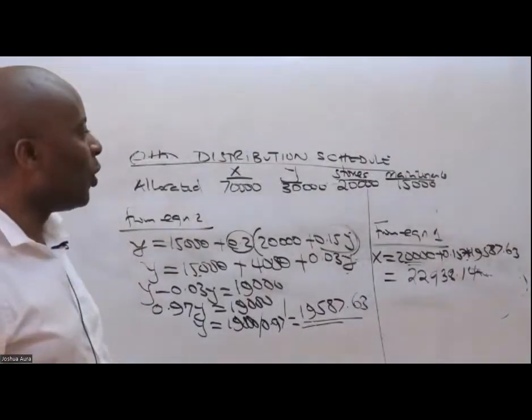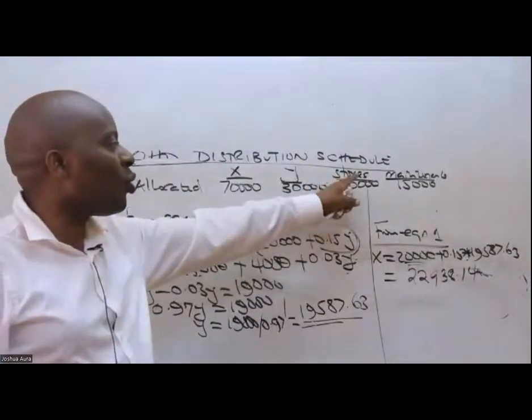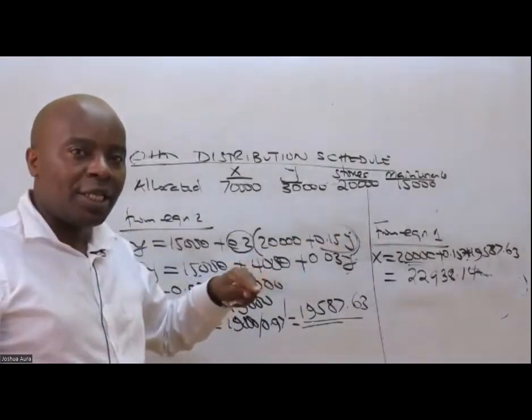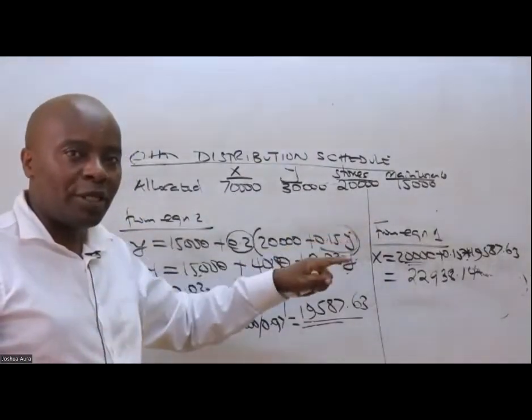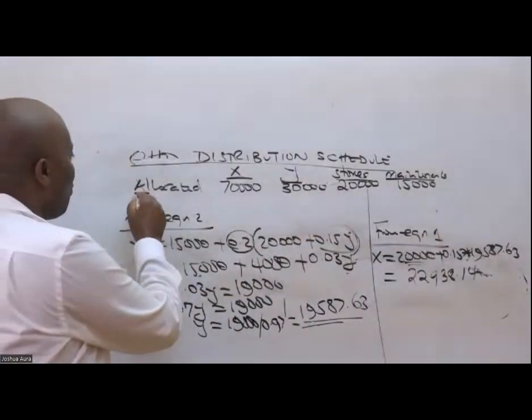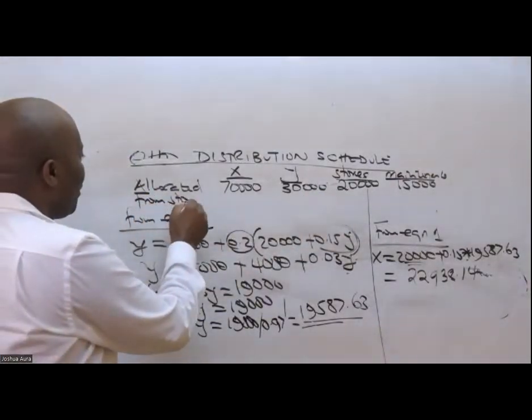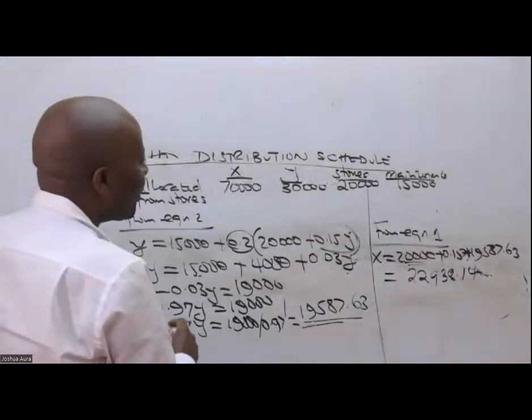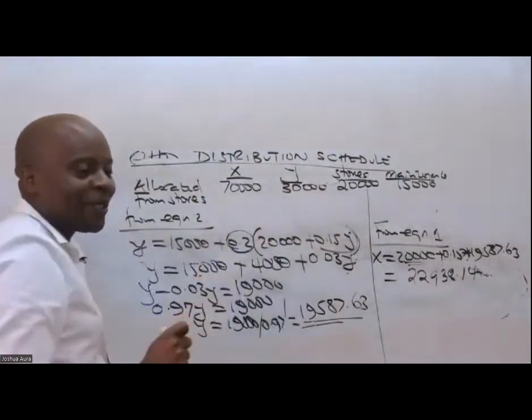Now, we want to remove monies from the stores and from the maintenance. Why are we removing money from there? It's simply because the two departments are service departments. So from stores, remember the total overhead is not this 20,000.